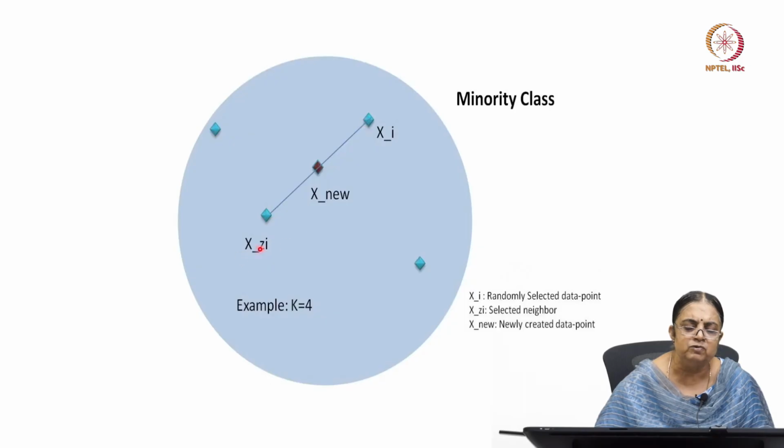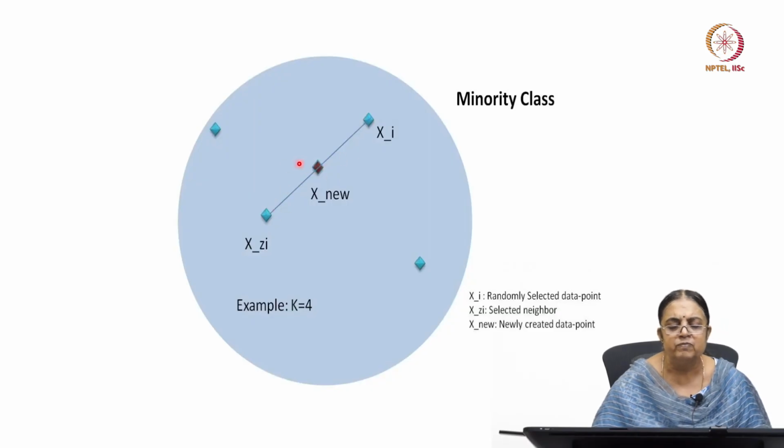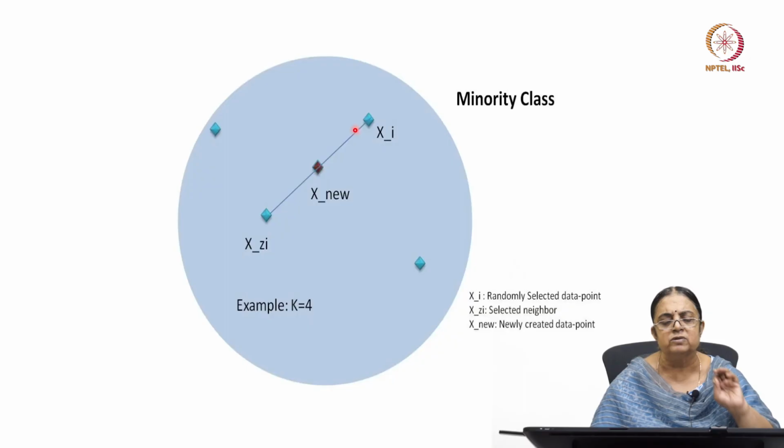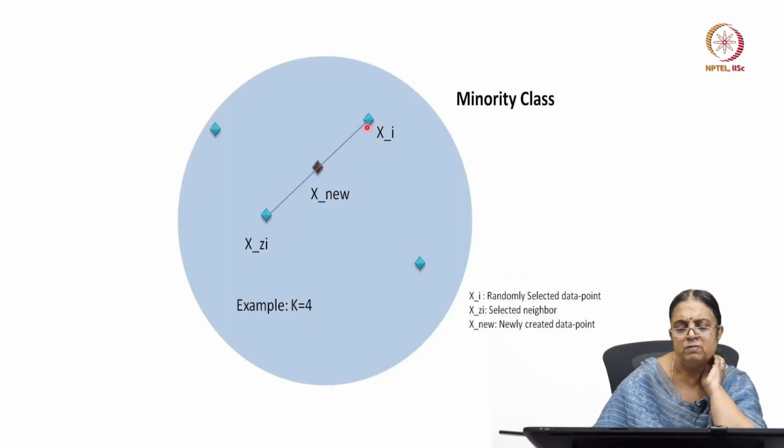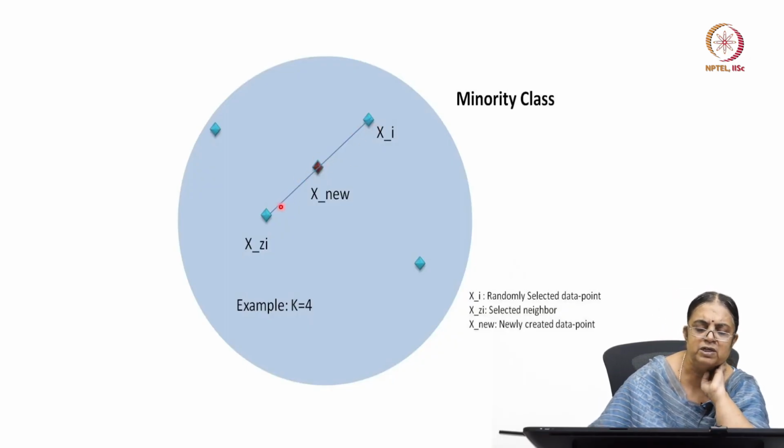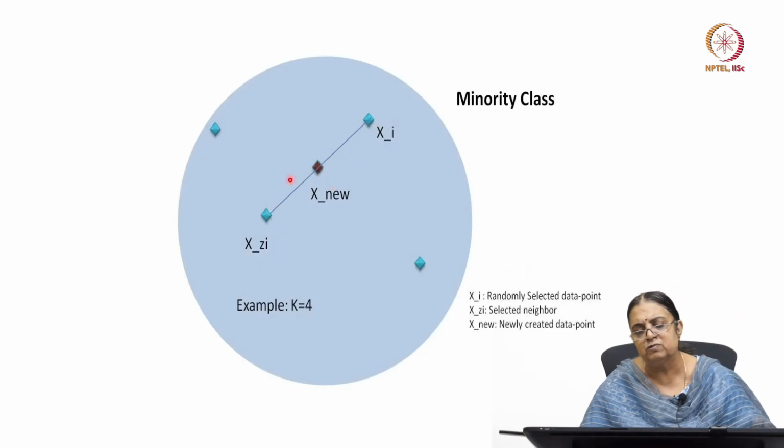If you have chosen xzi, you have this line joining these two. So you find the new point which is on this line, some cutoff point or some ratio you use, and take that as a new example.